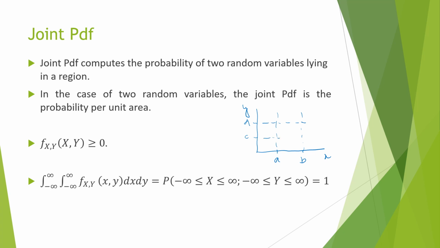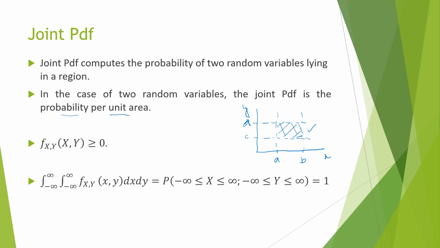So it gives us the probability of this region, x lying between a and b and y lying between c and d. This is the probability of the region given by the joint PDF. This is the area covered under this region, or in other words, the joint PDF is the probability per unit area.